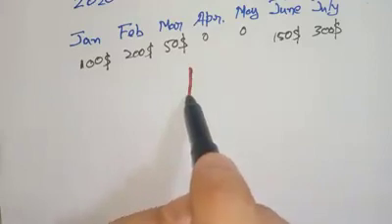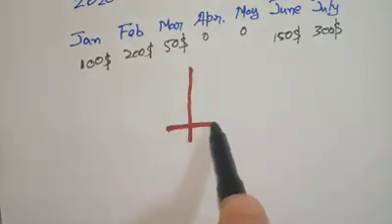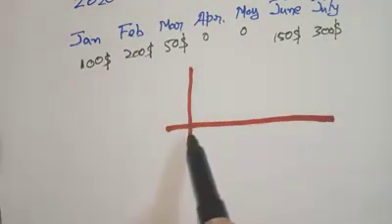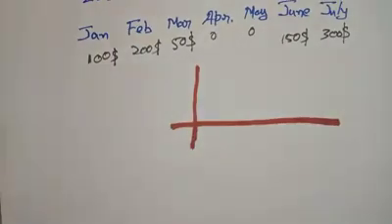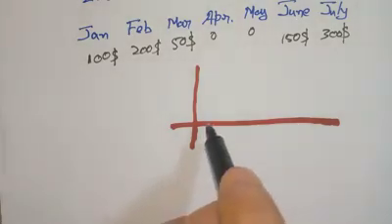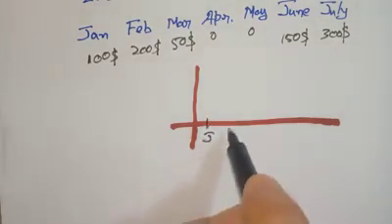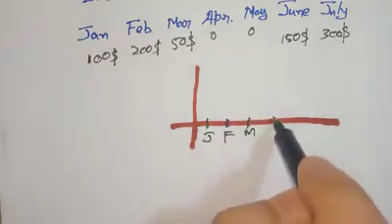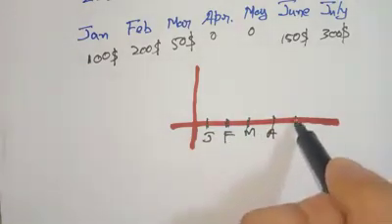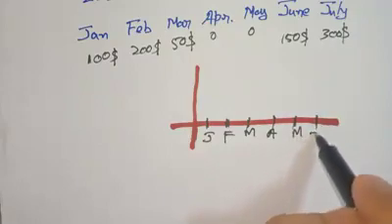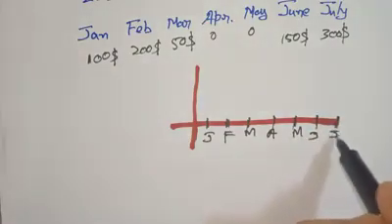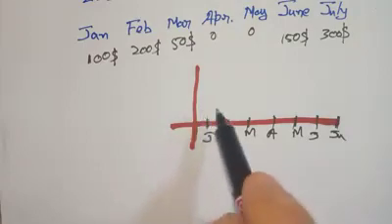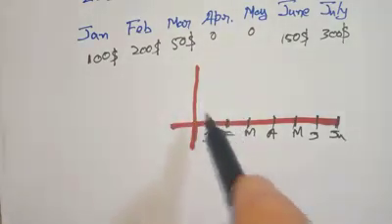So let me take an example. Here goes my graph, and I am plotting in terms of months: January, February, March, April, May, June, and July, right? And these are in terms of dollars.